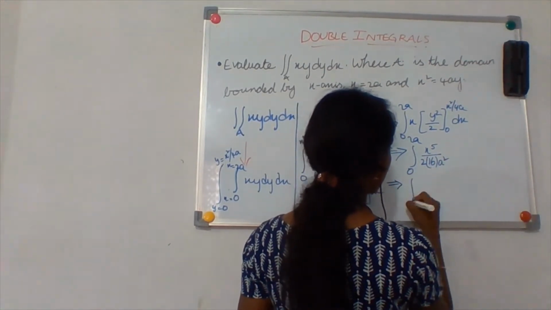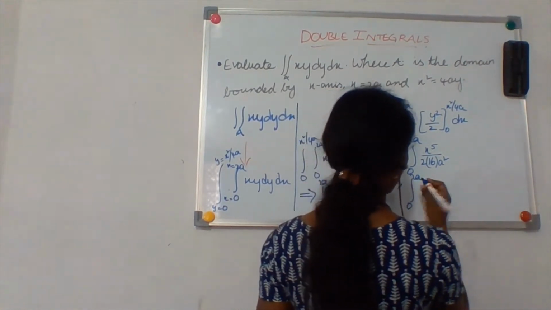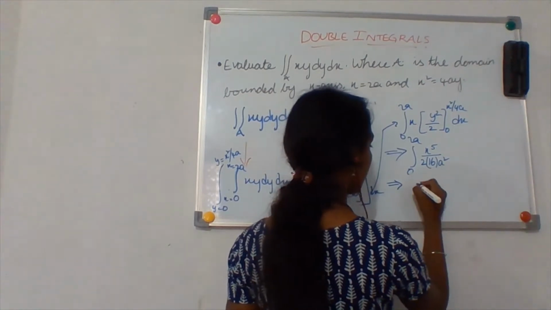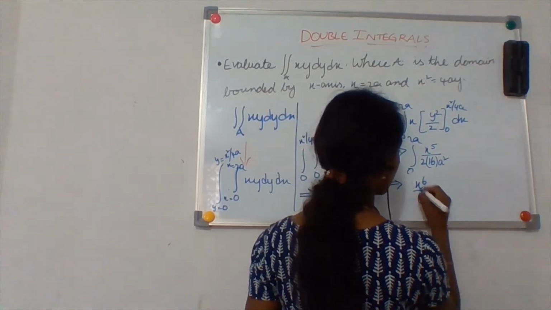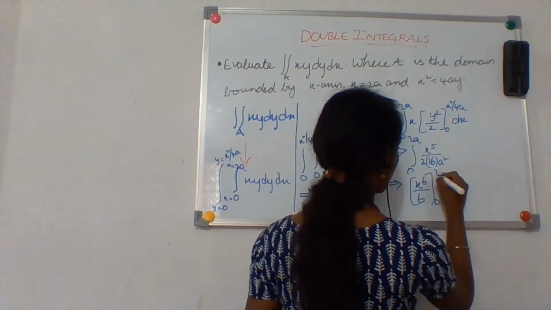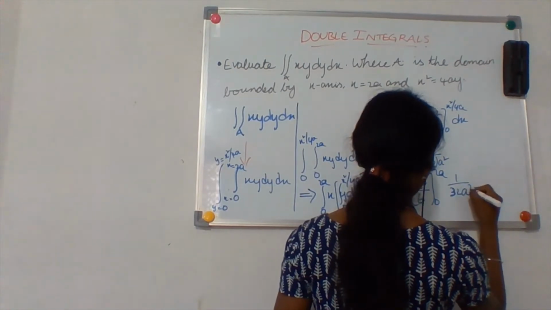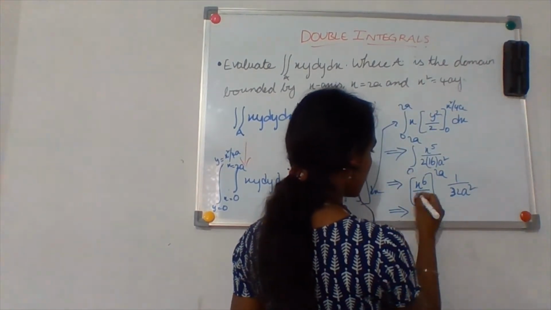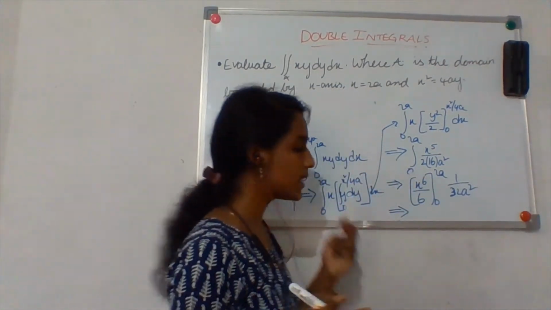That implies the integral from 0 to 2a of x power 5, I'll integrate it, x power 6 by 6 into 1 by 32 a square. So x power 6, that is 2a. If I put 0, it will become 0.